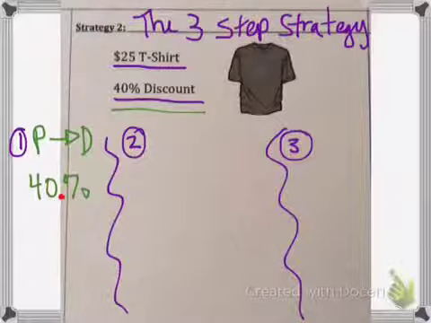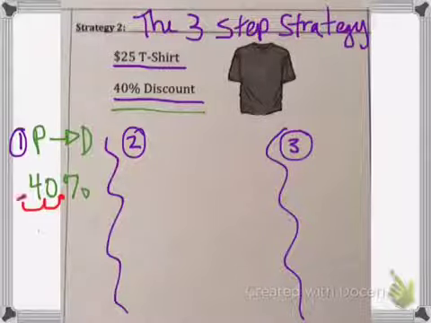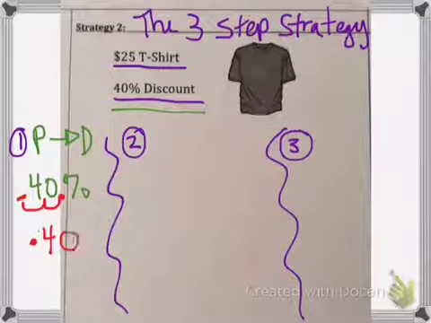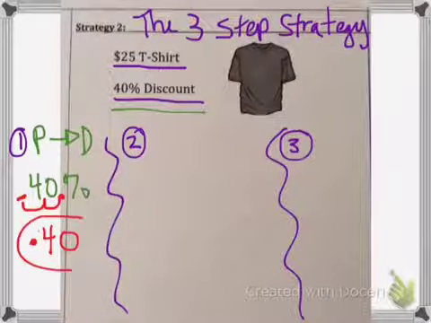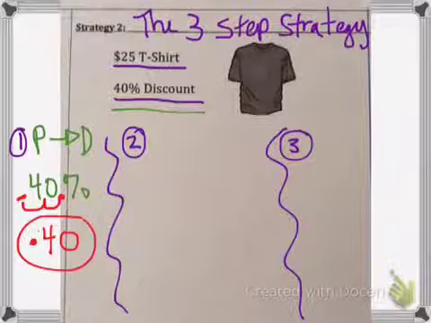To change a percent to a decimal, I move it 2 times to the left. So now the decimal point is here, and 40% as a decimal would be 40 hundredths. Again, just move the decimal point of the percentage 2 times to the left.